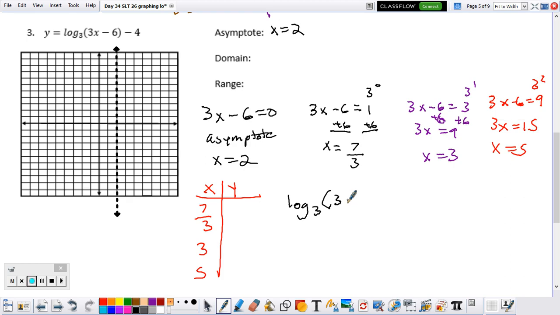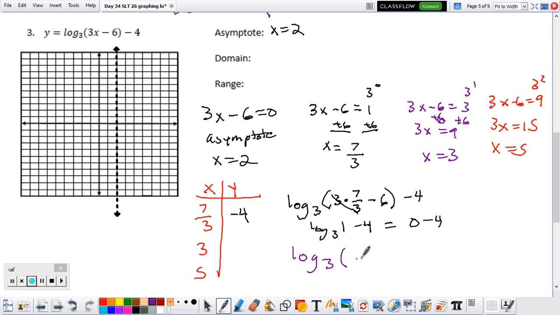Oh, sorry, I said I wasn't talking. Log base 3 of 3.